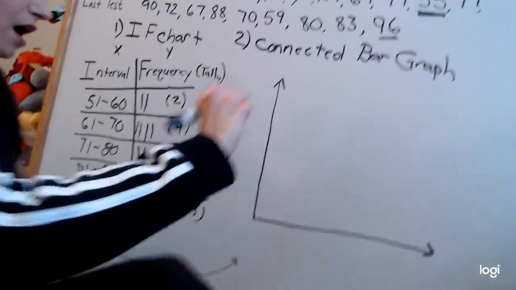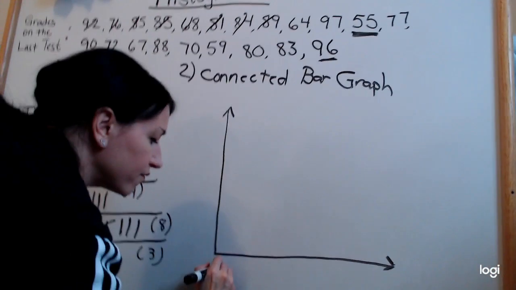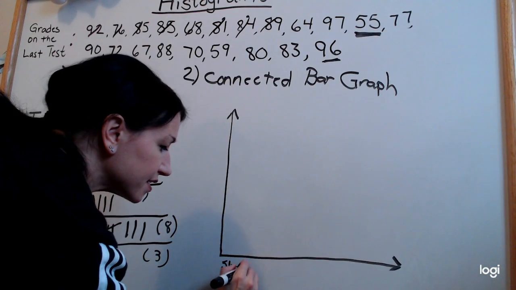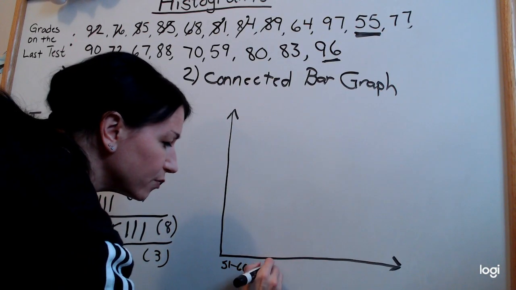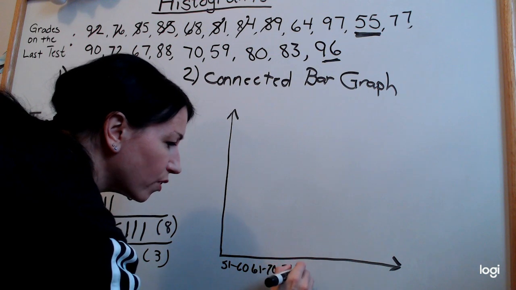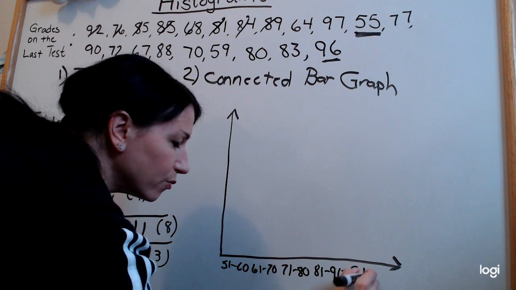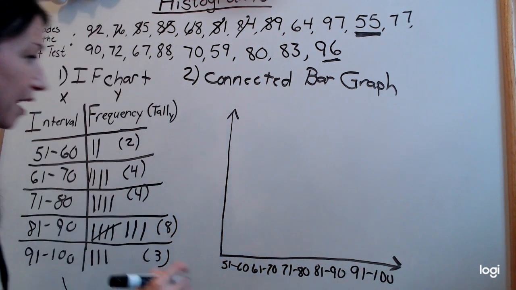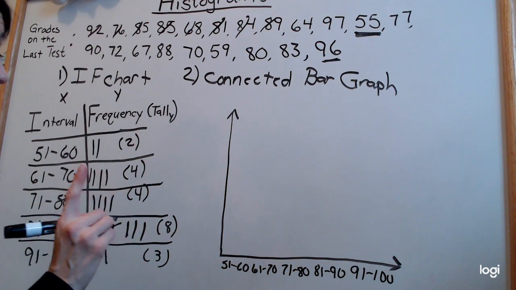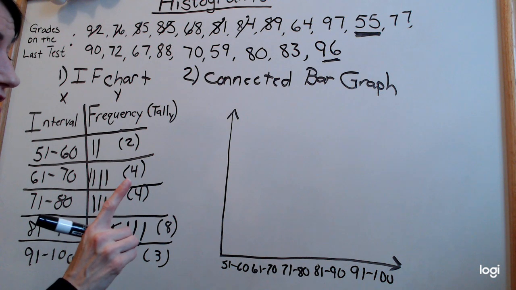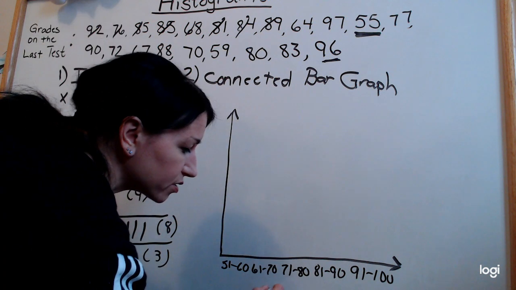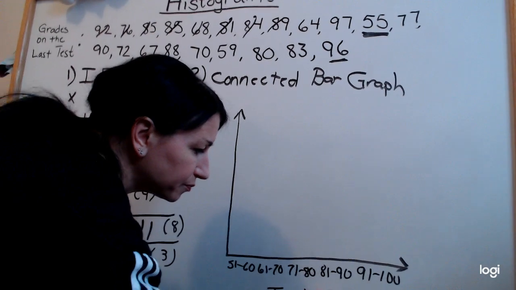So I write my 51 to 60, 61 to 70, 71 to 80, 81 to 90, 91 to 100. And I'm going to label it. I'm not going to label it intervals though. I'm going to label it test scores because that's actually what it is.